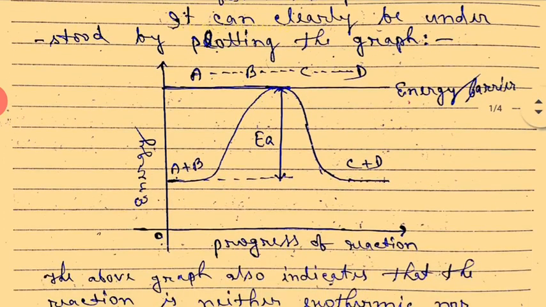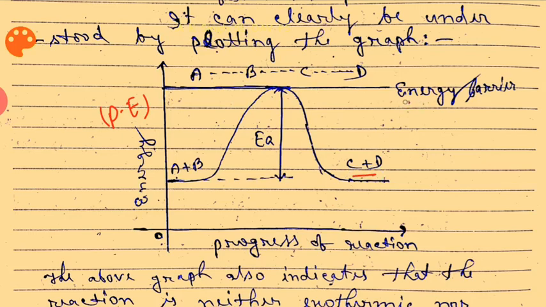On x-axis there is progress of reaction and on y-axis it is energy, or you can say it is potential energy also. A and B are the reactants, C and D are the products, and this state indicates energy barrier.